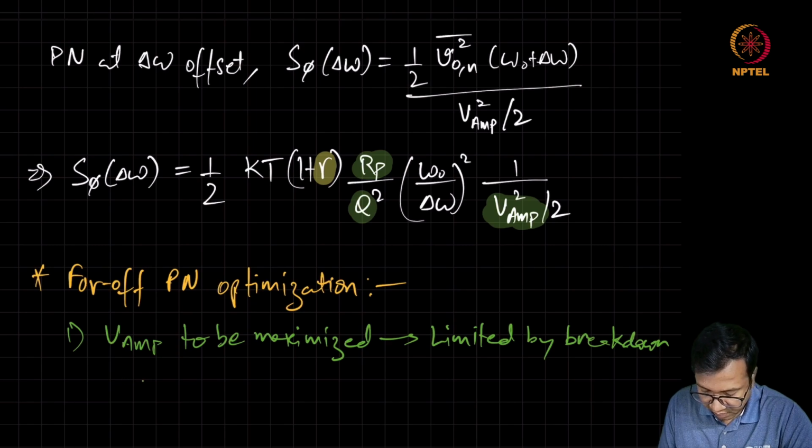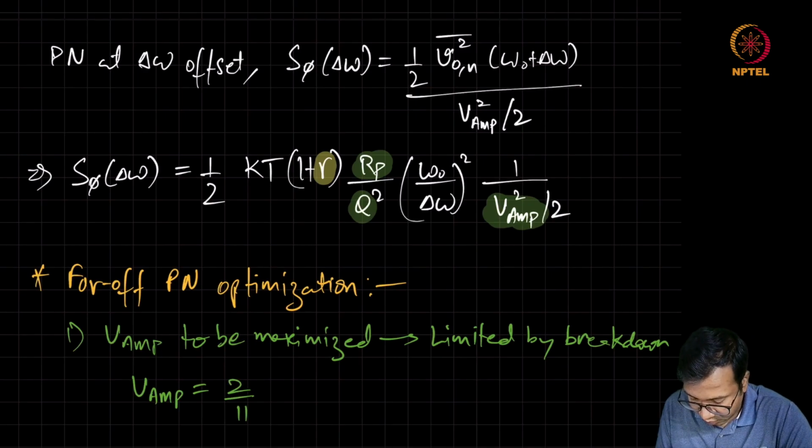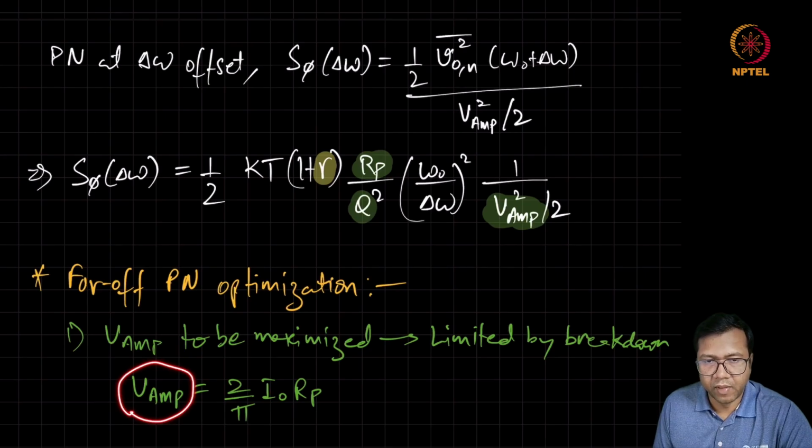We also know that this output amplitude is dependent on the tail current which is used to bias the VCO, and this differential amplitude at the output is equal to 2 by pi, I naught into Rp. If the maximum value of this amplitude is fixed by the breakdown, then automatically this product also gets fixed.